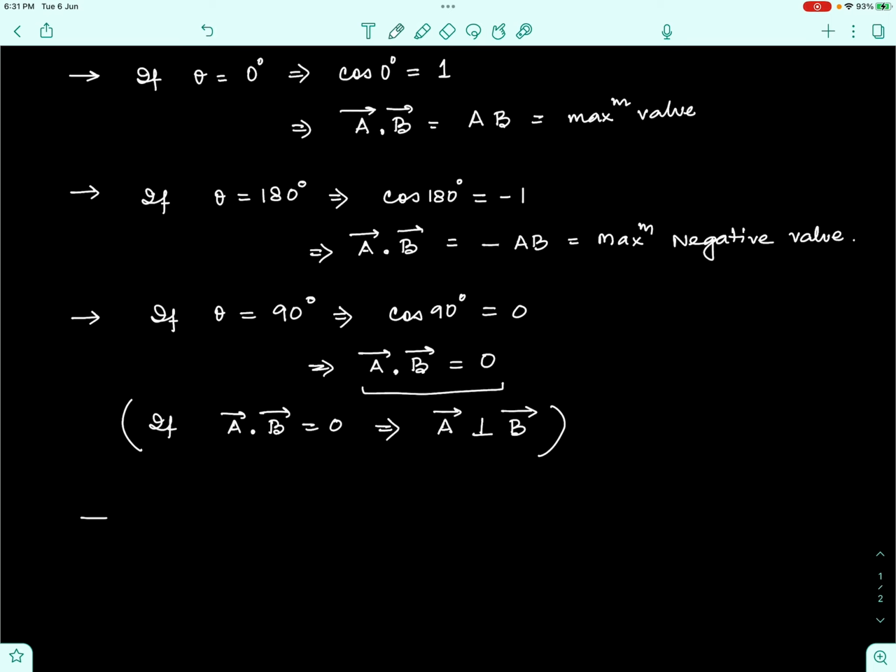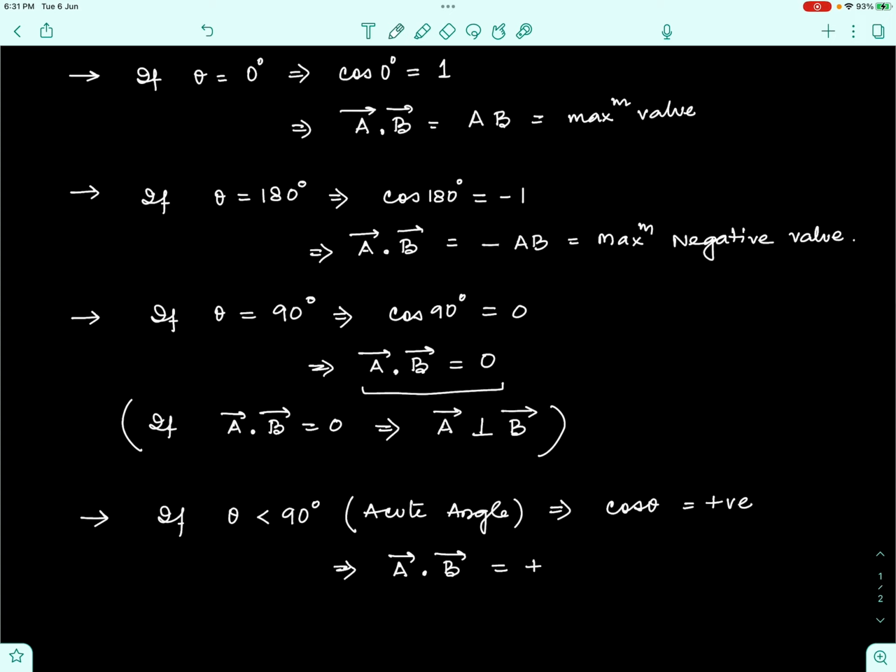Then we can have some general cases. For example, if theta is less than 90 degrees, that means theta is an acute angle. If theta is acute, in that case we know that cos theta takes positive values. Cos theta is positive in the first quadrant, which means that the dot product of two vectors will take positive values, right. A dot B will be positive.